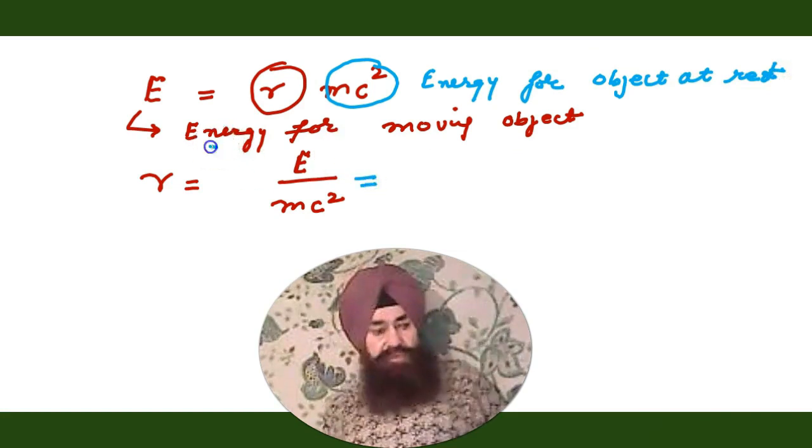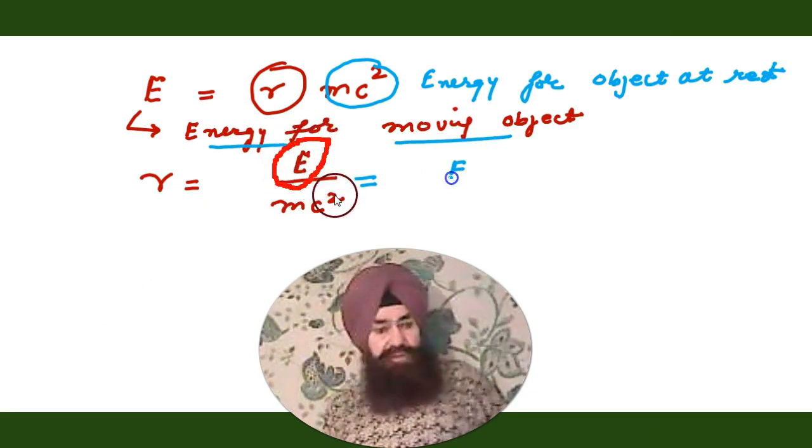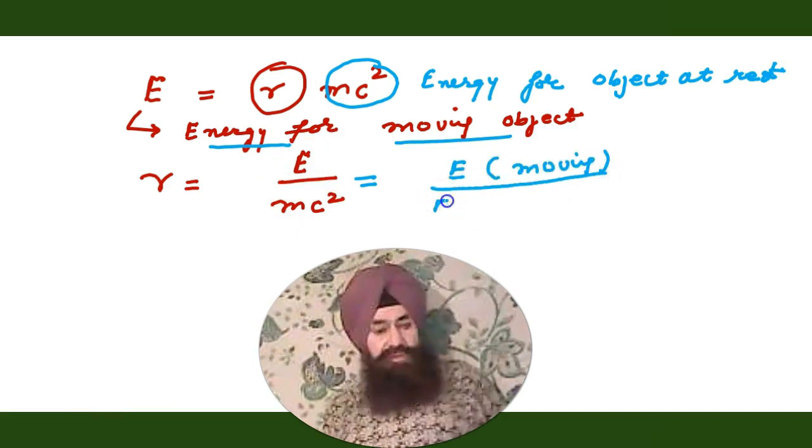Lastly, I'm telling you the other definition. Here is the energy of the moving mass, and this is the energy of the mass at rest. So if you divide the moving energy by the energy of the particle at rest, then you get the value of gamma.